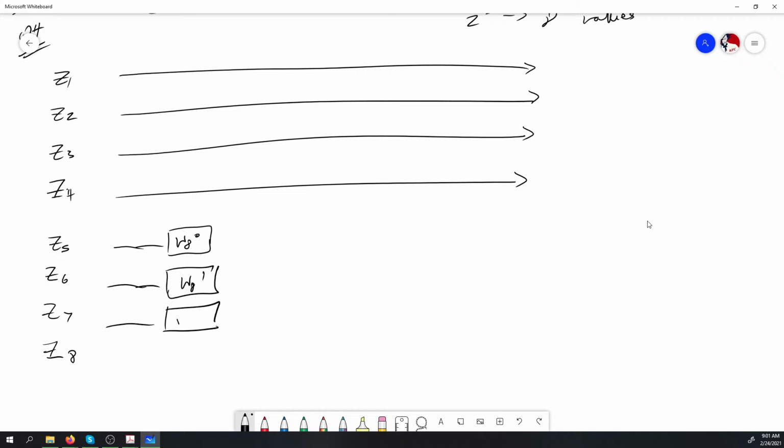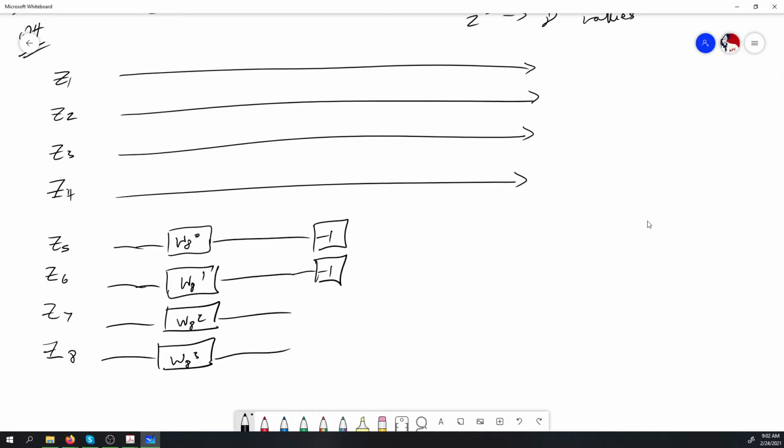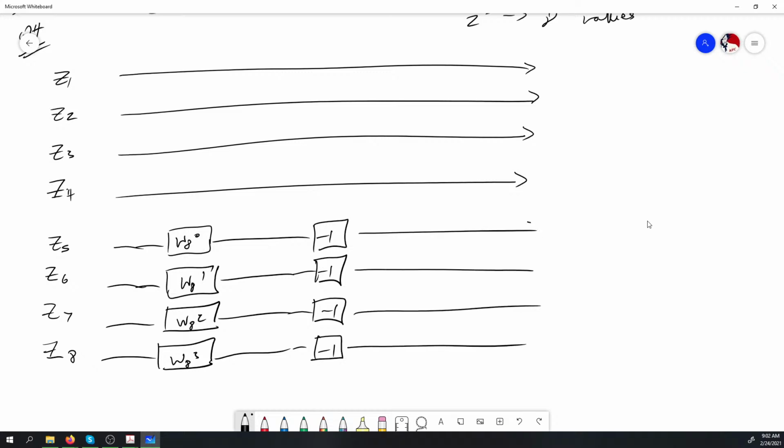This one will be W8 of 2. This one here will be W8 of 3. And for each one of these twiddle factors, we need to have an associated -1 because of the symmetric property. And then we need to draw our butterfly cross points. So for the first value here that doesn't have a twiddle factor, it needs to match with the first value that does have a twiddle factor. Cross points here only, and so forth.